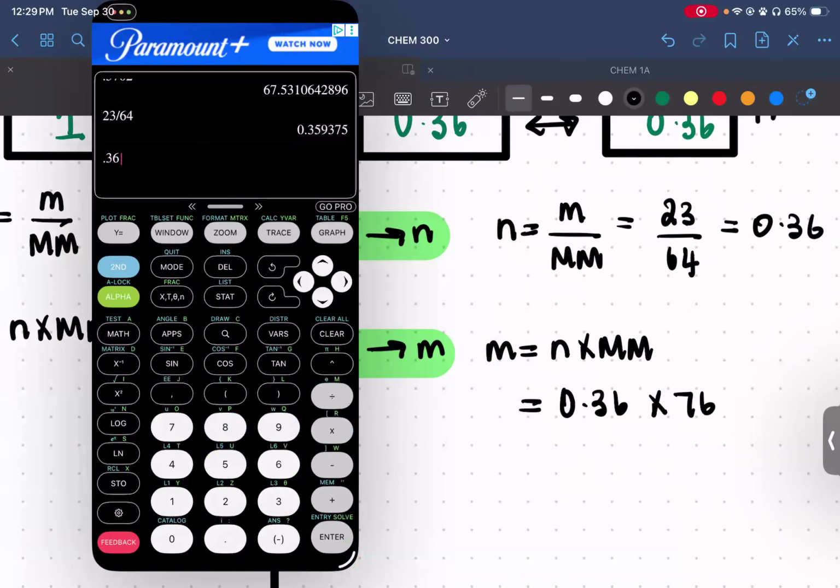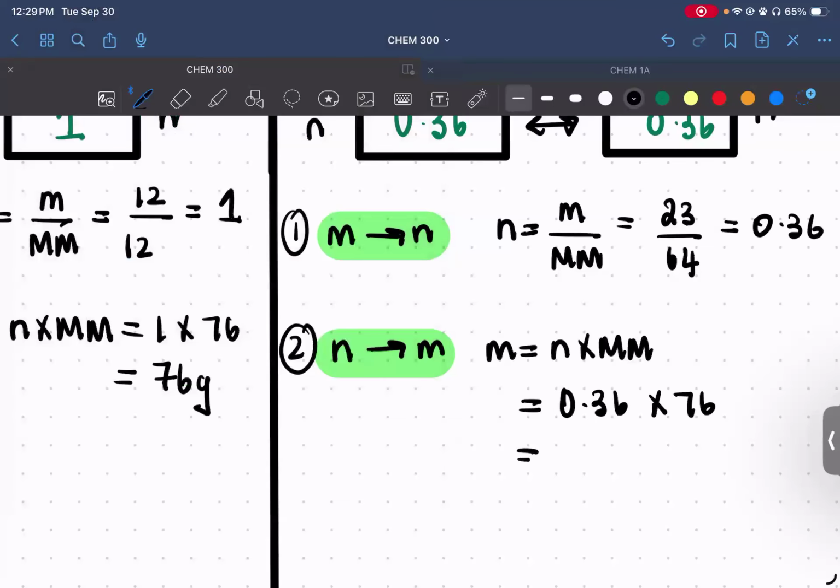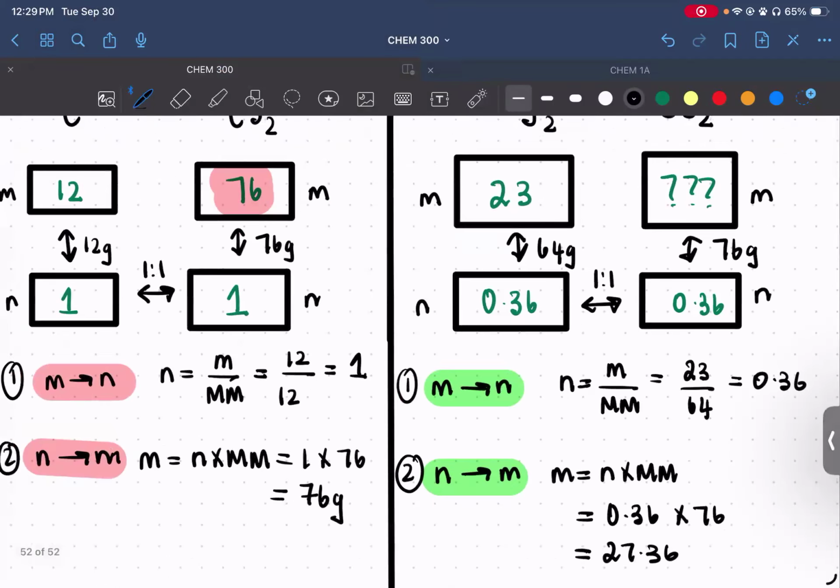We have 0.36 times 76, 27.36. Therefore, we know that based on sulfur, the 23 grams, we can make 27.36 grams of product.